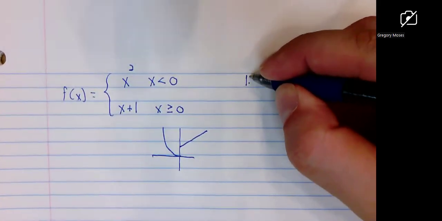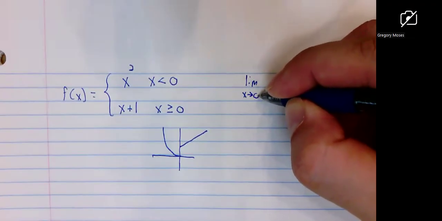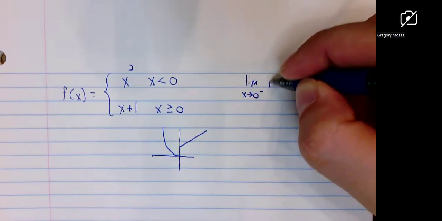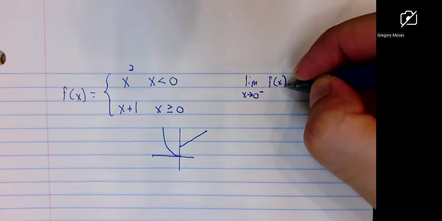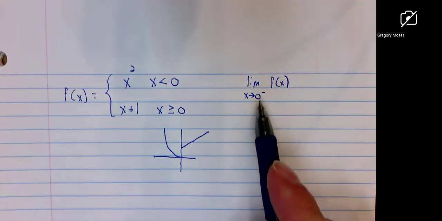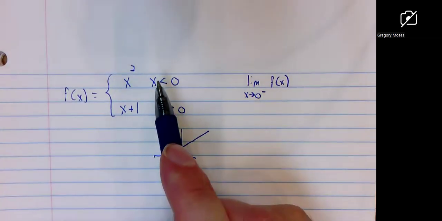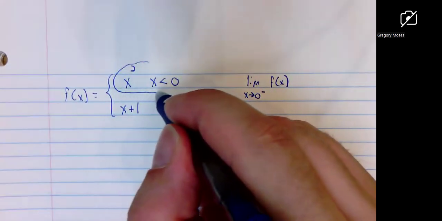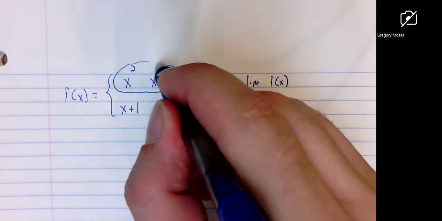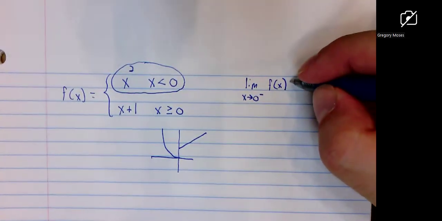And let's ask, what's the limit as x approaches 0 from the left of f of x? Okay, if we're approaching 0 from the left, that means we're less than 0. If we're less than 0, we're in this piece.